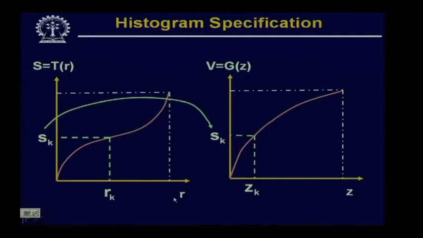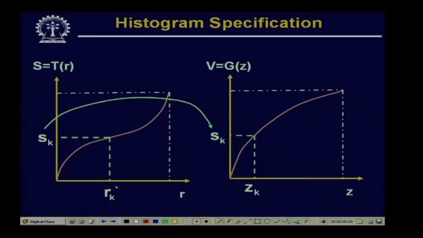So, the process, as per our definition, since we have seen that v_k equals s_k, is this: for the given image r_k, we find out the corresponding value s_k by using the transformation s = T(r), and once we get this, we set v_k equal to s_k, that is, from the first transformation function we come to the second transformation function. So, we set v_k equal to s_k and then find out z_k in the reverse direction.